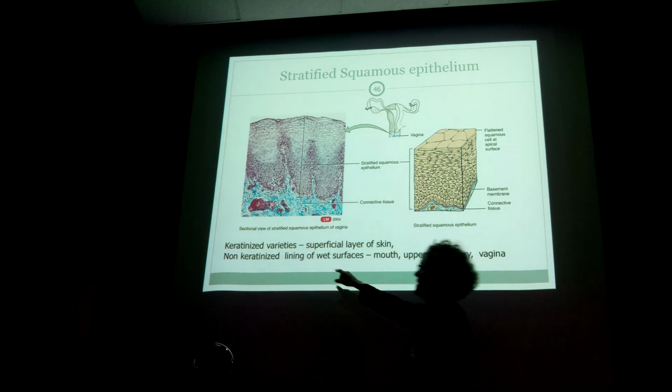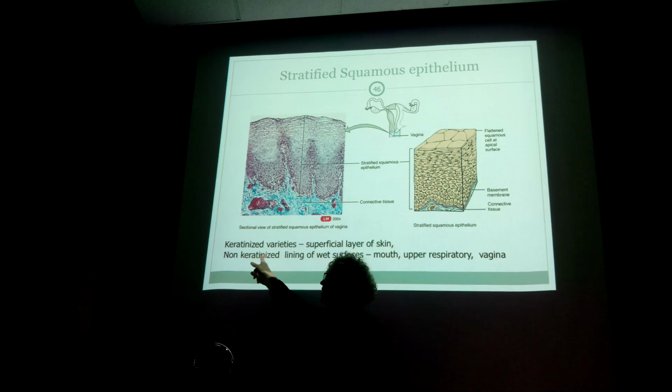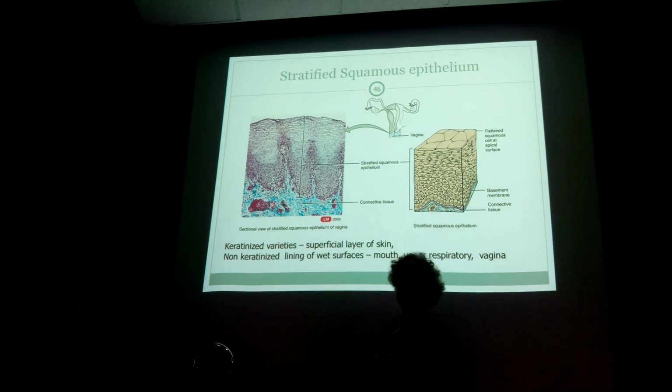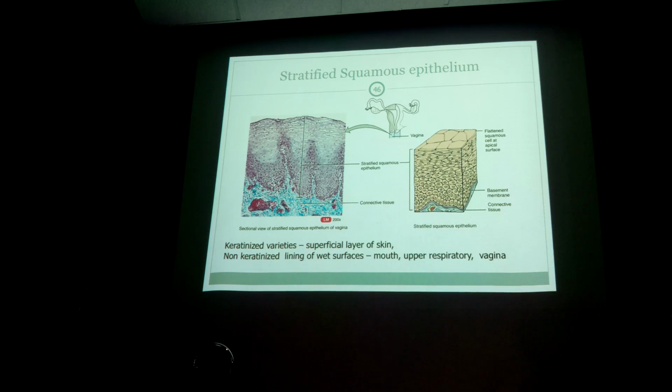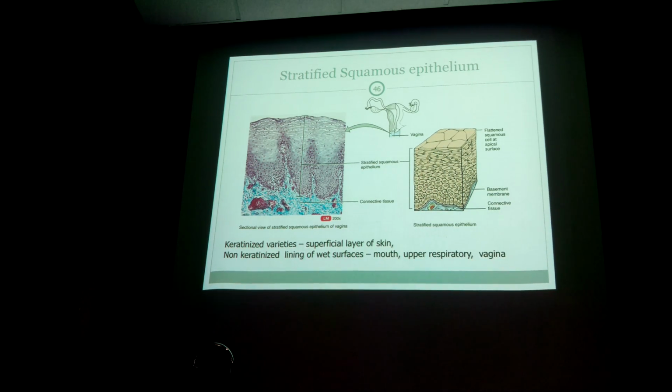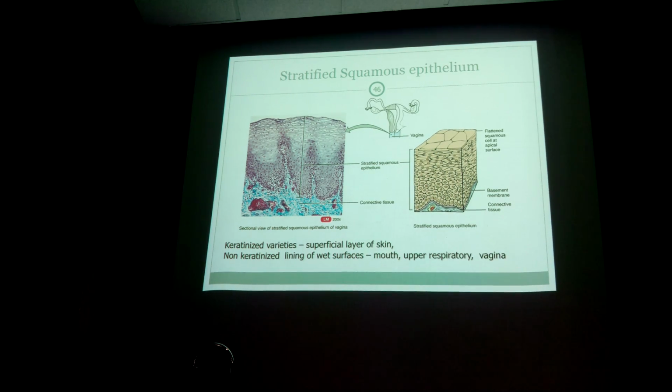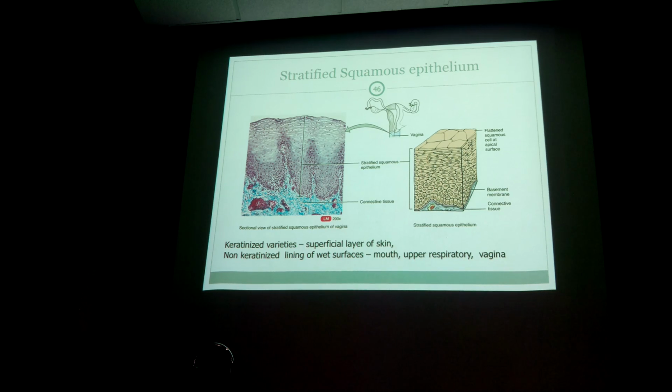And when something is keratinized, you've probably all seen or heard keratin. It's a very popular beauty treatment that people put on their hair. Anyone heard of that? Anyway, keratinized is sort of a little harder shell.